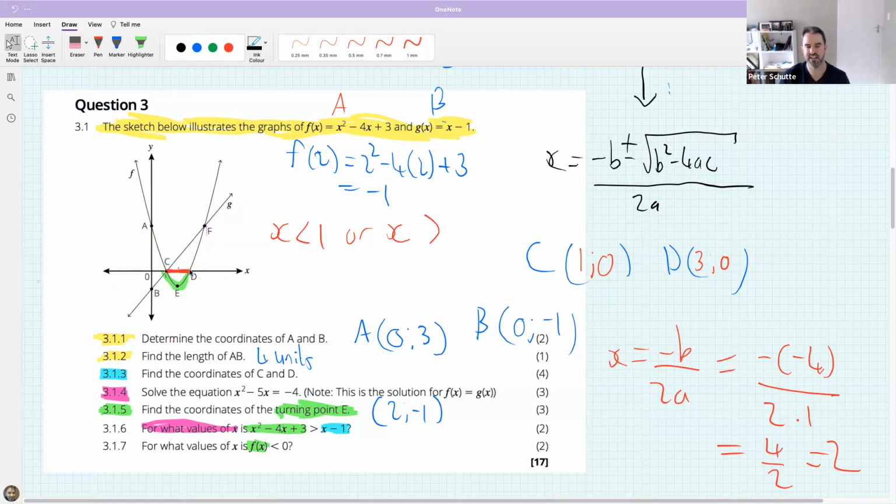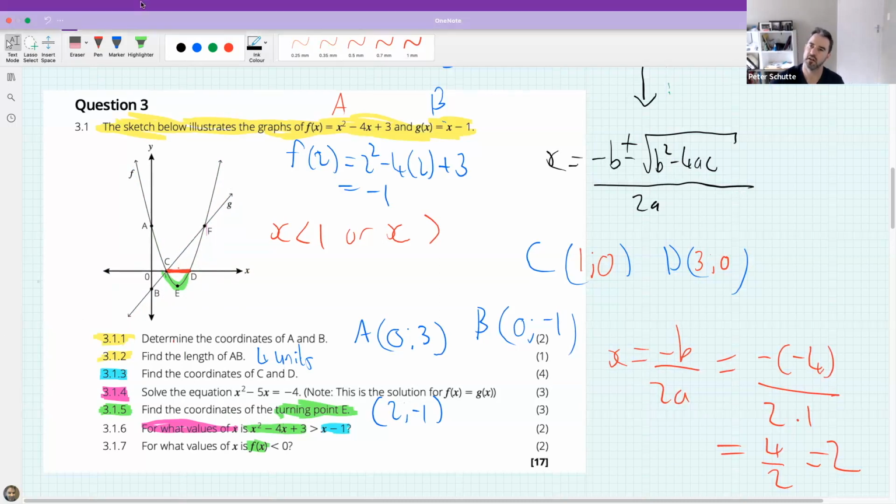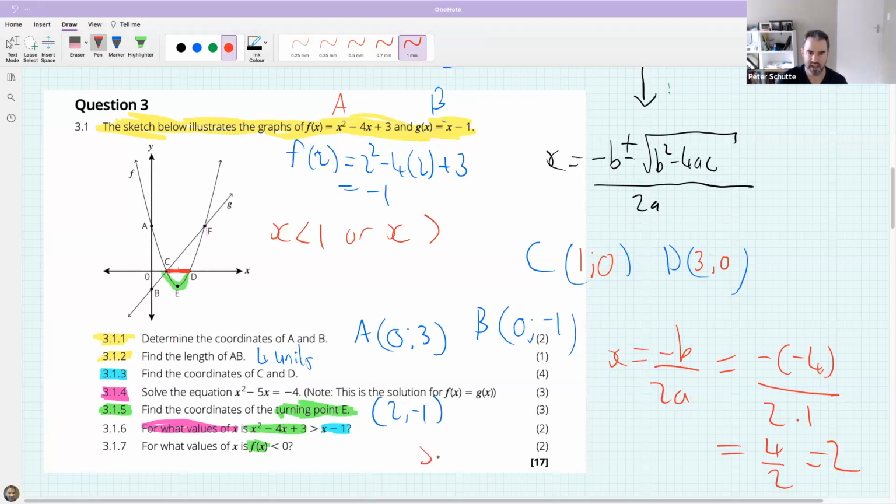Who can write that down for me as an inequality? So C was 1, so x must be greater than 1, and then D was 3, and so the answer would be x is greater than 1 and less than 3. The moment x is bigger than that, it won't be below the x-axis anymore.